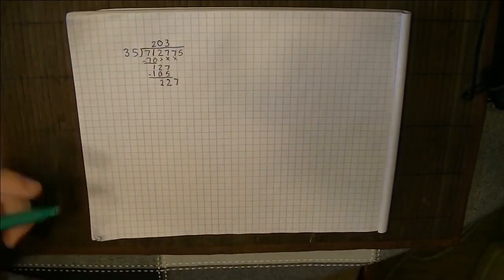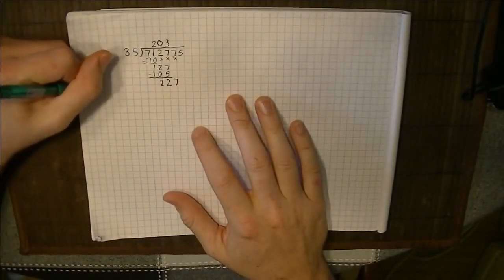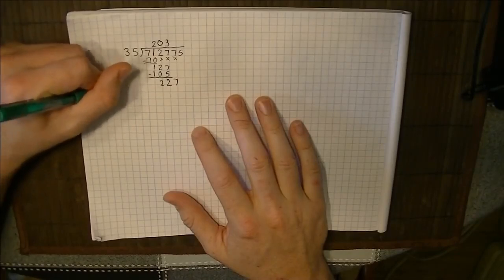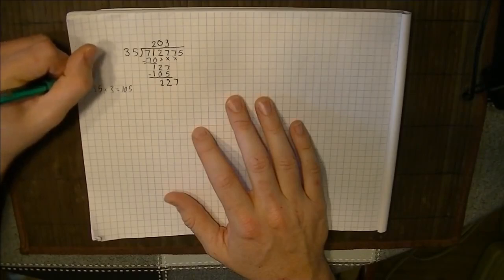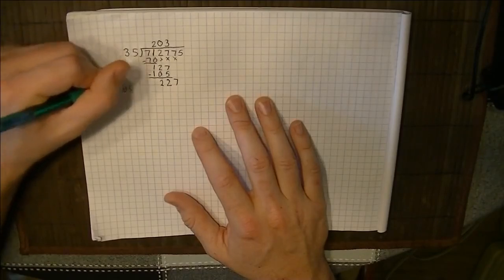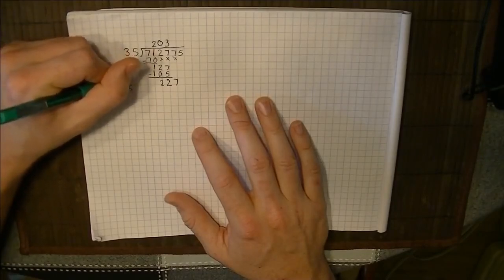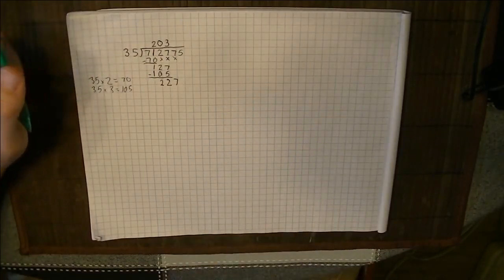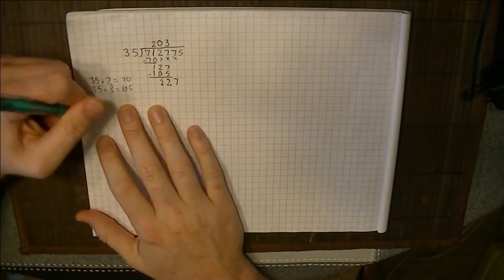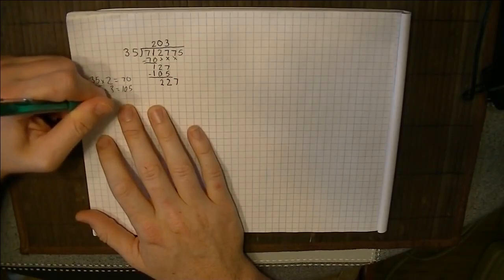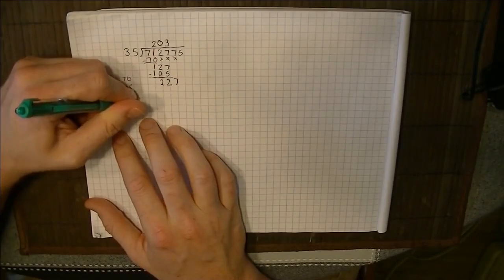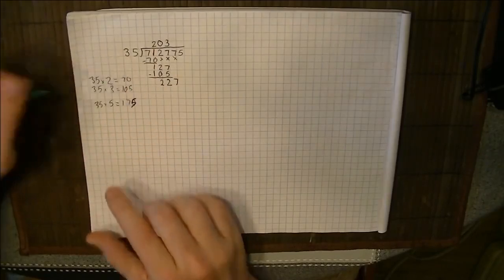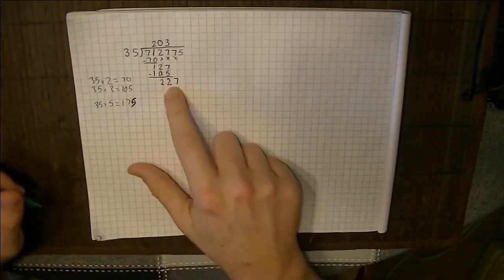Well, let's see. I know that 35 times 3 is equal to 105. Okay, I know that 35 times 2 is equal to 70. So that means adding those all together, 35 times 5 is going to be 175. And is that close enough?